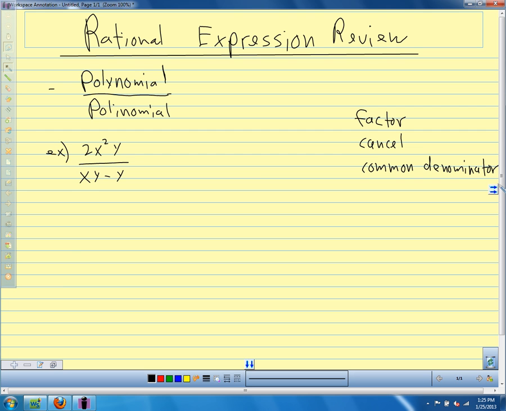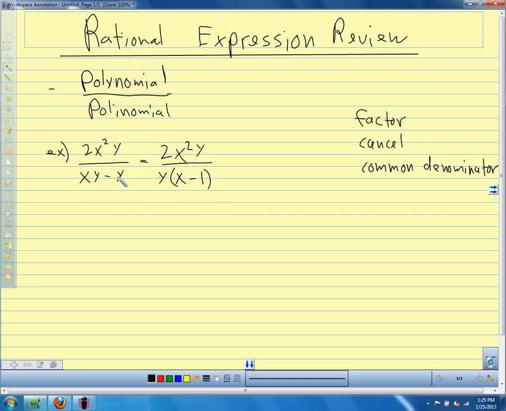When we cancel a factor, we have to be careful about our domain restrictions. So, for example, on this one, in the denominator, I have a factor of y in common. So I could write this as 2x squared y over, and I'm just going to factor out this common y, so I get y times x minus 1.